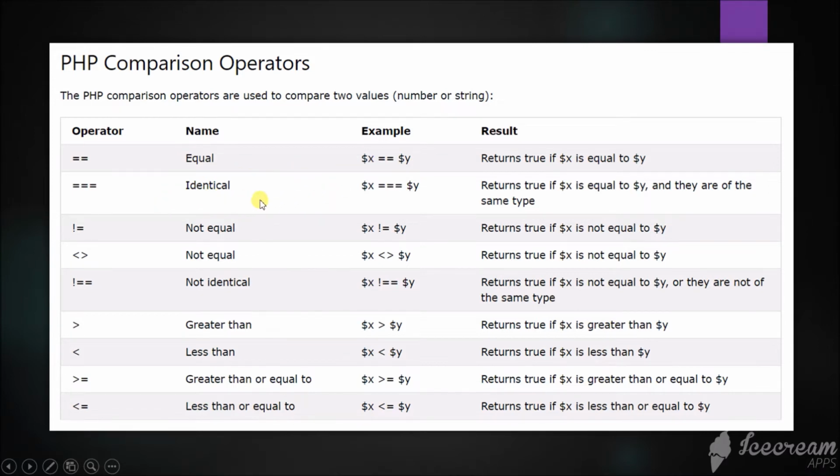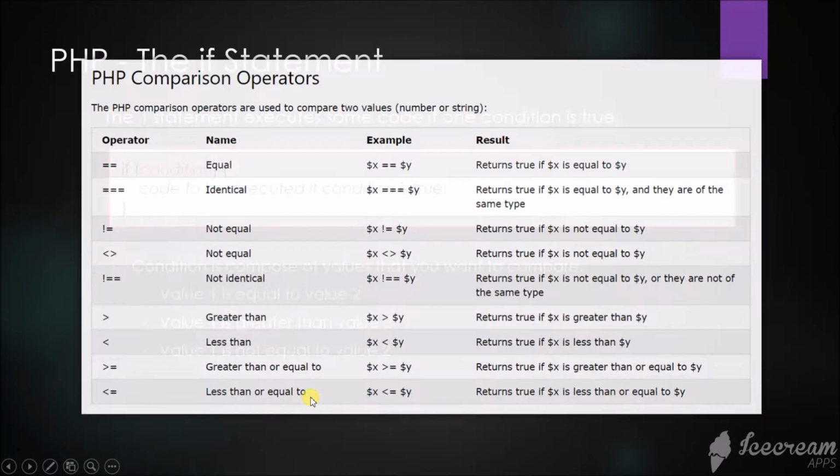We have the identical, which tries to compare the value of two variables and also its data type. Then we have the not equal, the not identical, the greater than, the less than, the greater than or equal to, and the less than or equal to. Okay?